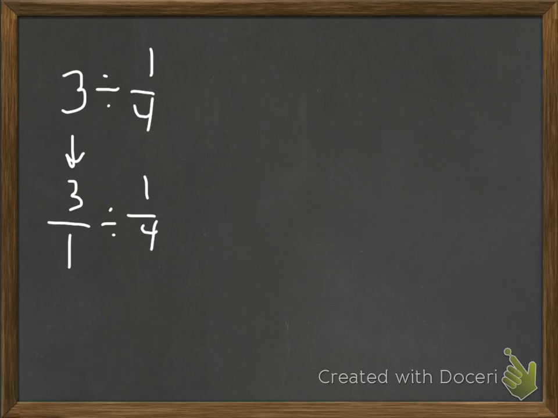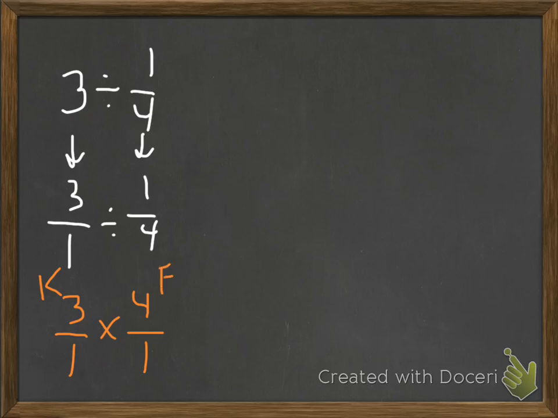In Lesson 1, all the answers are going to be coming out even. For example, we've got 3 divided by 1/4. Put the 3 over a 1. And then keep the first number, flip the second number, change the sign.